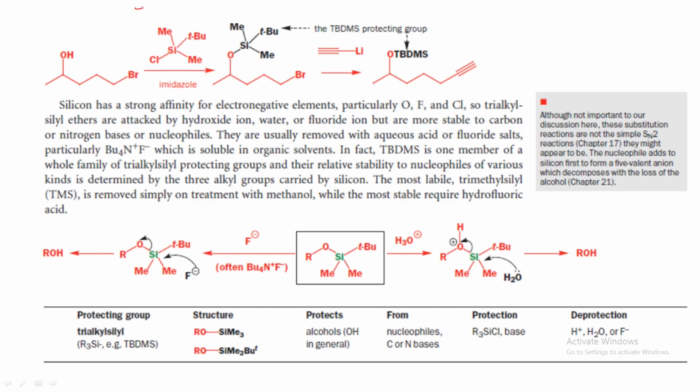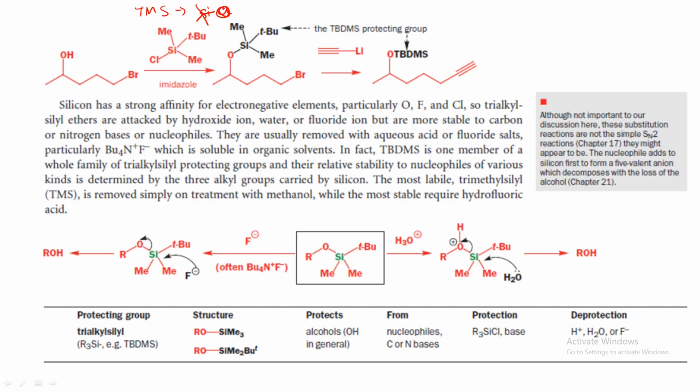So TMSCl, TMS is trimethylsilyl, this type of silyl protection. So that's a TMS. So let me write it O. With oxygen, alcohols are protected like this type of molecules.